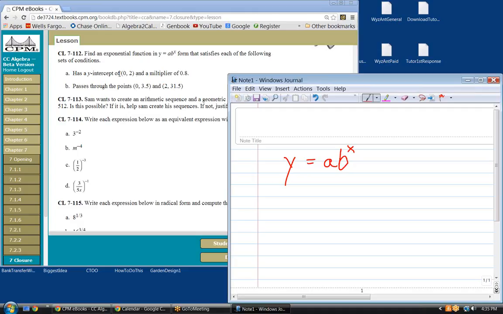Well, they're saying this point is on that equation, (0, 2). So that lets me solve immediately for what? No, the point that has to be on the curve is when x is 0, y is 2. So let's plug in 0 for x and 2 for y and see what happens.